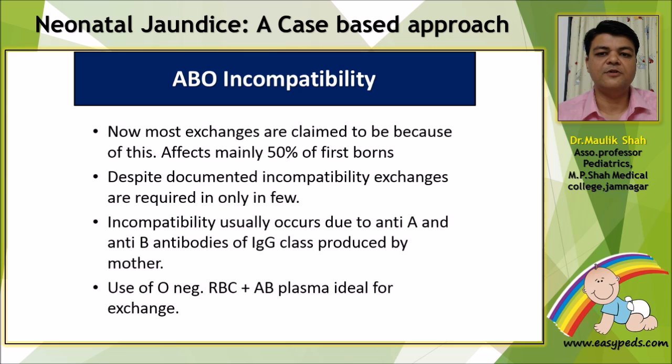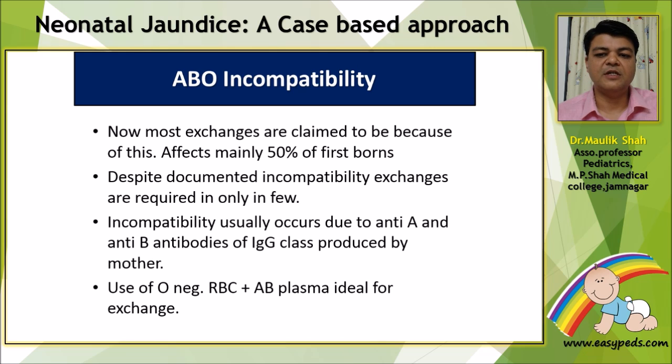Let's have a word on ABO incompatibility. Most of the exchanges which are now required are due to this single reason of ABO incompatibility. It affects 50% of firstborn children. This is in absolute contrast to Rh isoimmunization, where the firstborn sibling is usually spared.